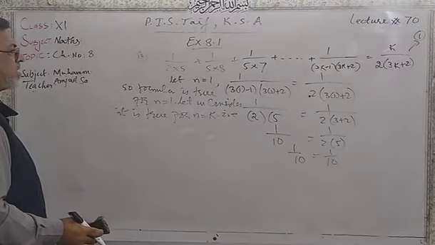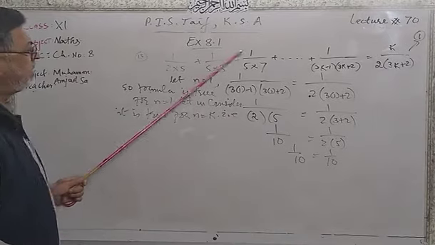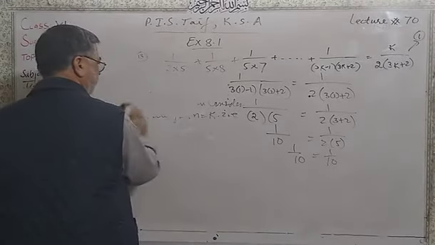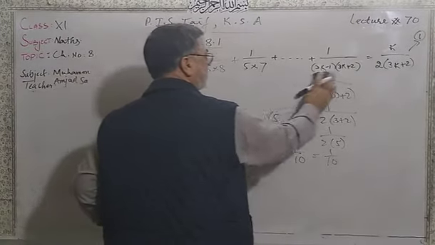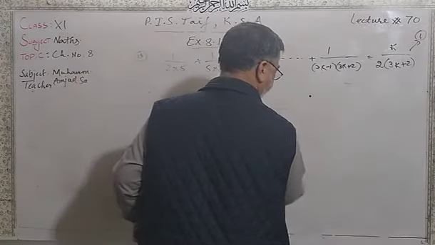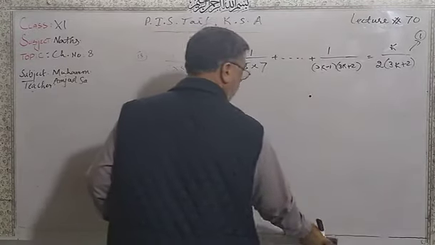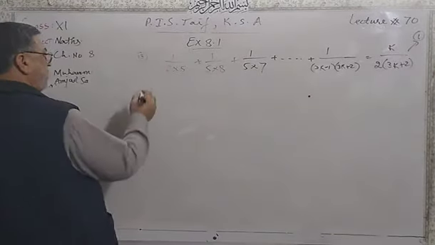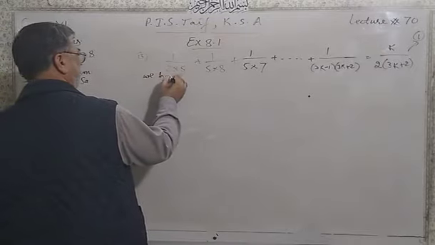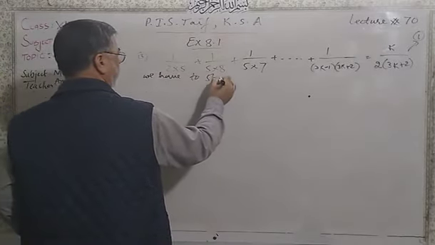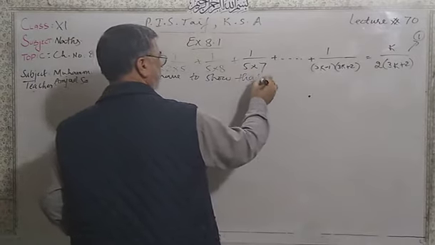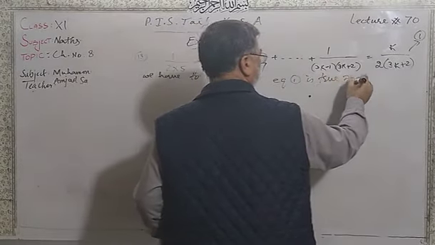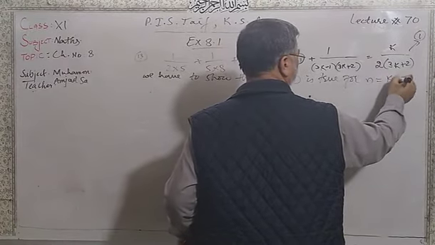Suppose that this equation is true for n is equal to k. After that, we have to prove that it is true for n is equal to k plus 1. We have to show that equation 1 is true for n is equal to k plus 1.